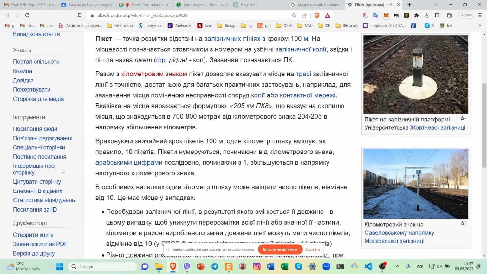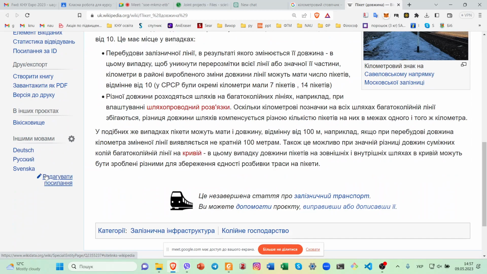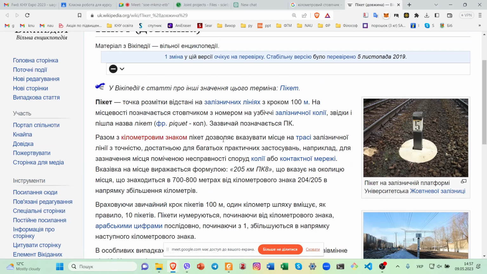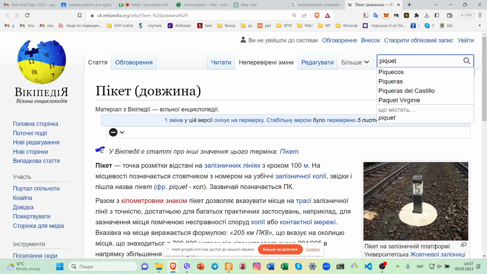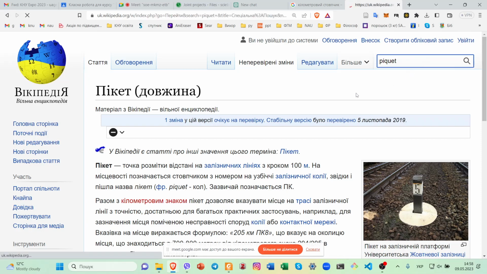However, I cannot find the English equivalent in Wikipedia. We use this name from the French word piquet, which means a small piece of wood.